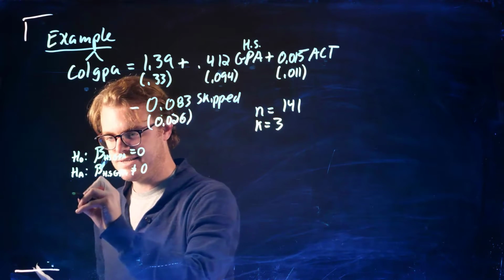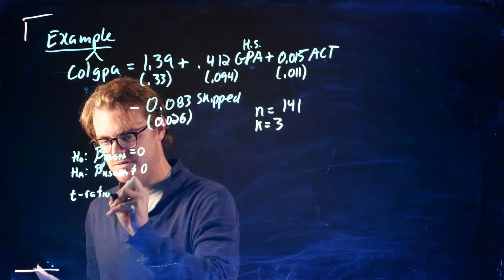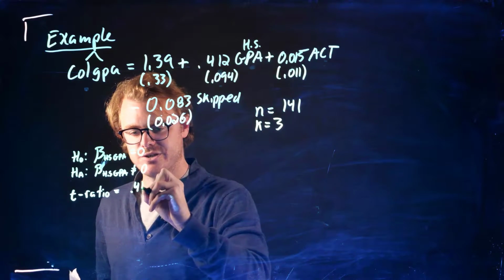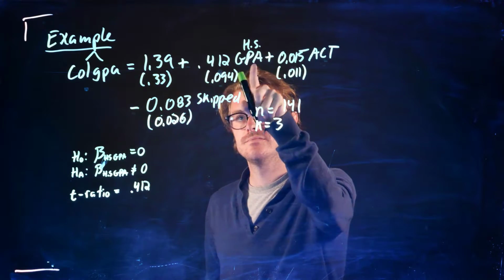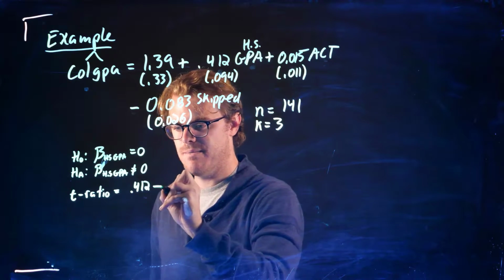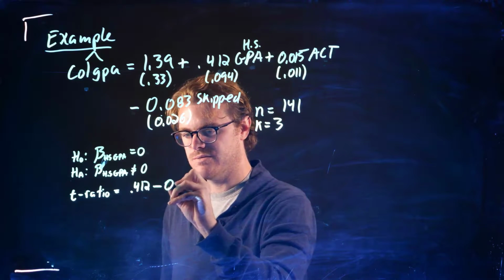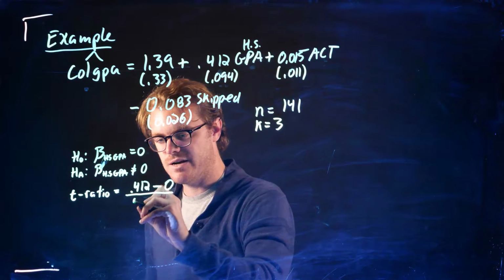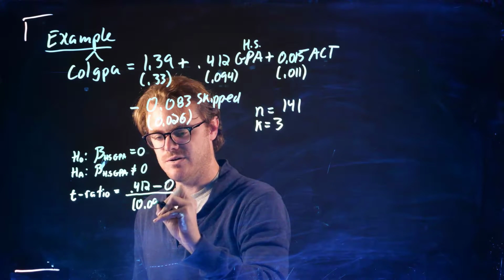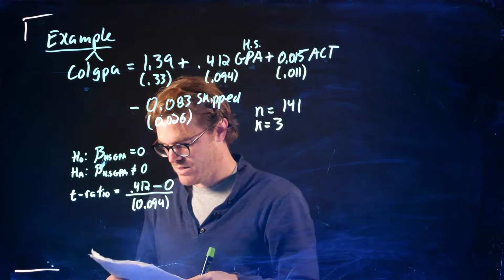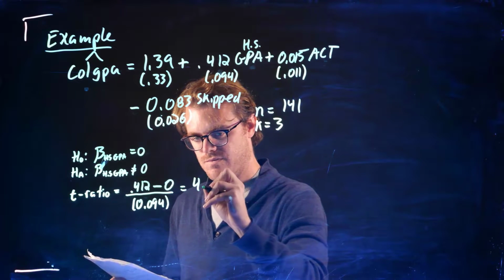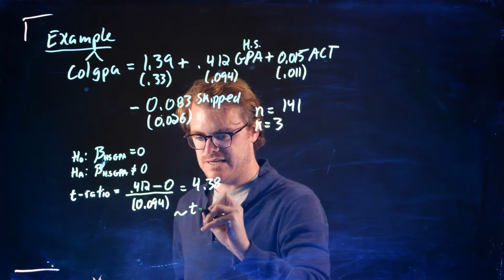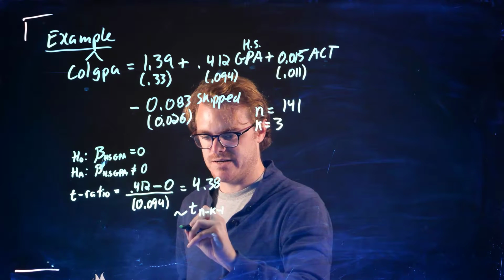We're going to calculate our test statistic, our t ratio: 0.412, that was our beta hat for high school GPA, minus our hypothesized value, 0 in this case, over the standard error, 0.094. That gives us 4.38, and we know that this t ratio is distributed as t with n minus k minus 1.